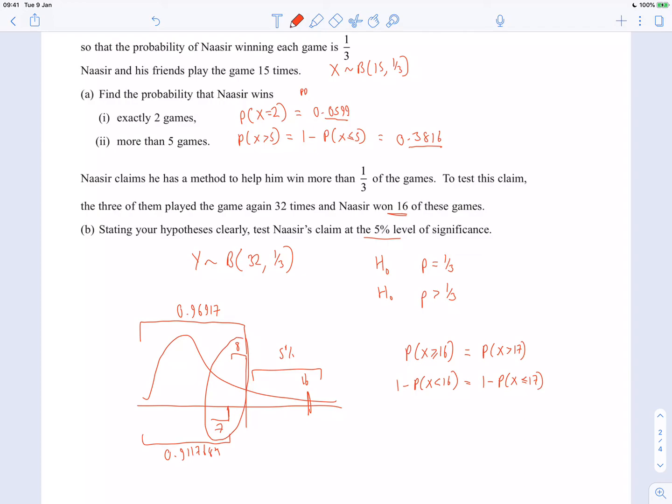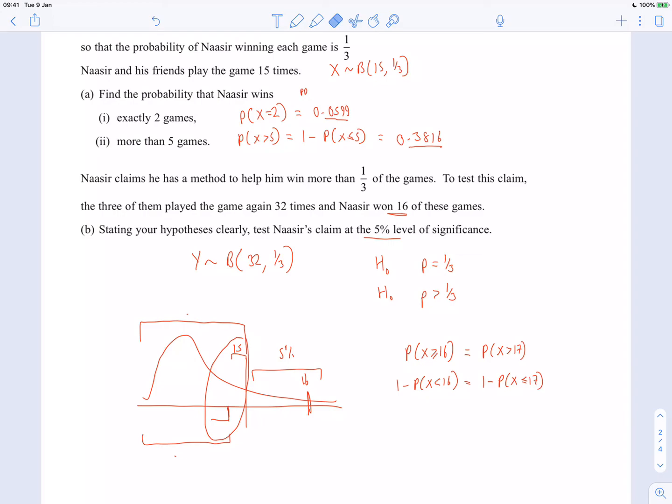Inverse binomial, 0.95. Number of trials now is 32. Right, that is actually 15. Interesting. And so now if I go... that's not going to be a 7, is it? And these are going to be wrong. Sorry, I forgot to change the number of trials to 32.